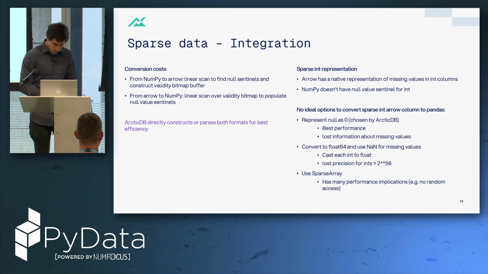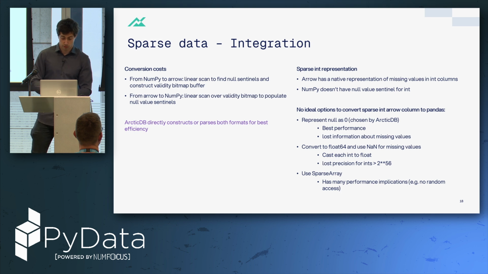Well, there is no ideal solution. What ArcticDB does, and what Pandas does with a lot of its own operations itself, is to just represent the nulls as zeros, which is fast, because it's essentially the same as doing a no-value sentinel, just labeling 0 as the sentinel. But this loses information. If we had a 0 or a missing value, we wouldn't be able to differentiate the two.